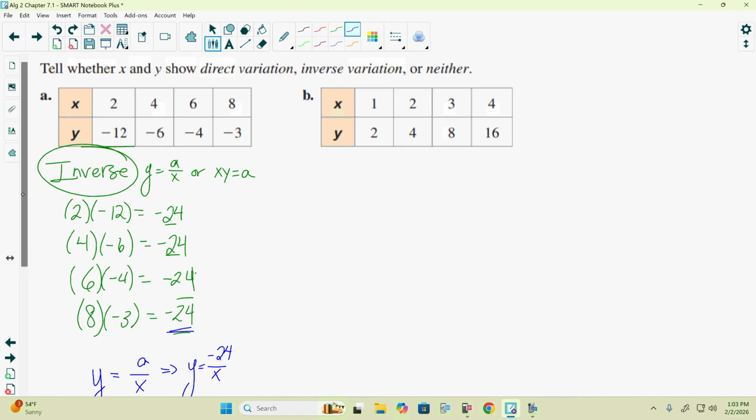It just asked us to tell whether x and y are direct, inverse, or neither. And here it would indeed be inverse. Now just because direct didn't work doesn't necessarily mean inverse will, because we do have the third option of neither being the case. Questions on a?